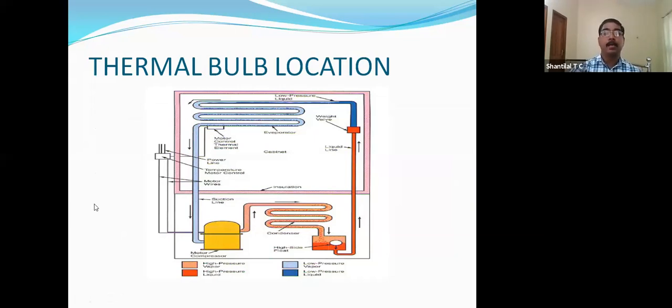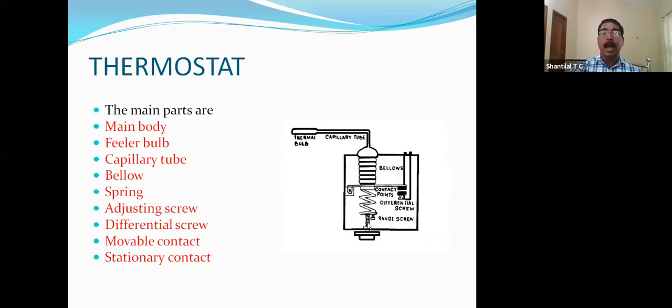Okay, so here two more points will be there: the adjusting screw and the differential screw. What is the function of the adjusting screw? You know, in your house the refrigerator has a thermostat inside. That thermostat we can operate by turning clockwise or anti-clockwise.